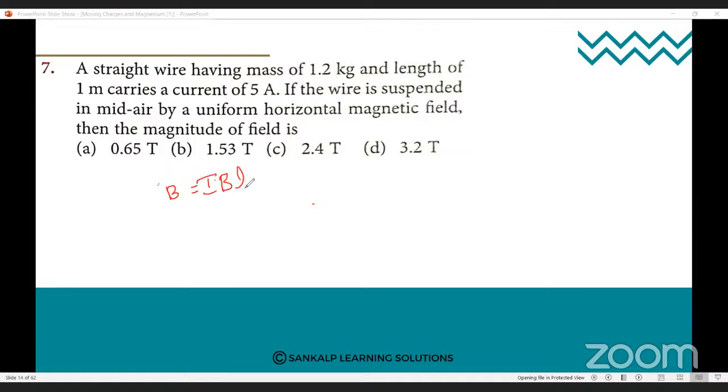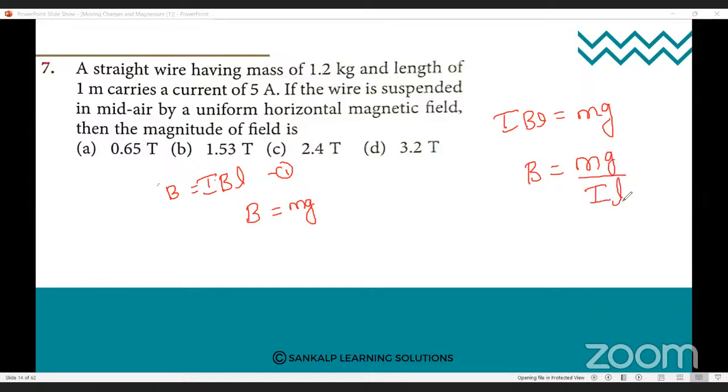And this magnetic force is balanced by the gravitational force, that is given by mg, the weight of the wire. So we can equate these equations. Therefore, IBL is equal to m into g. Therefore, B is equal to mg divided by I into L.